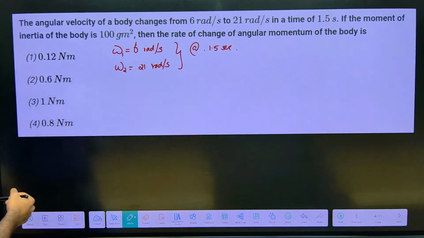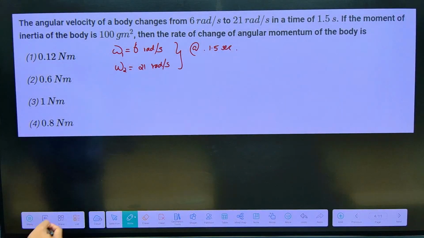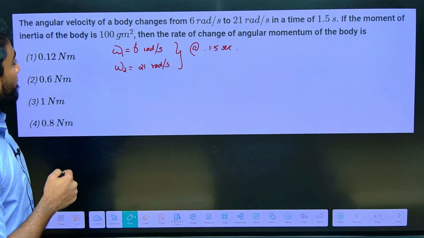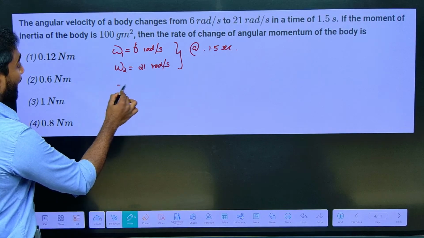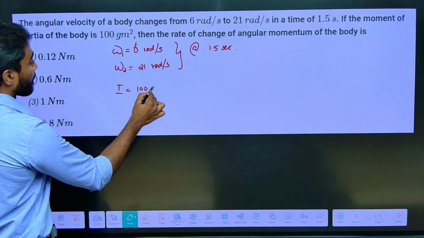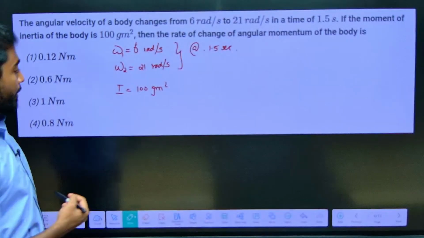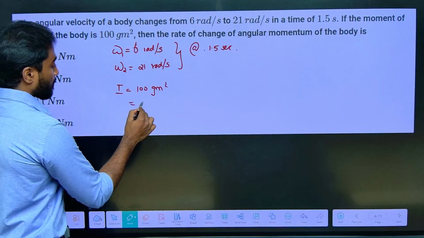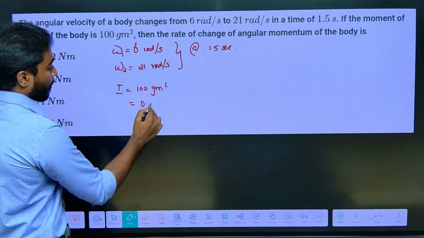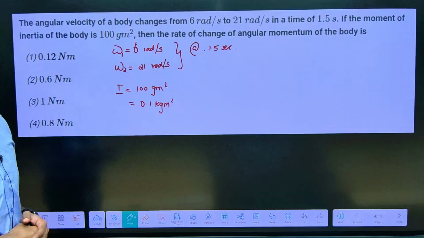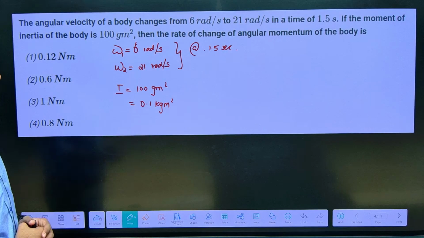If the moment of inertia of a body is 100 gram meter square, I will be equal to 100 gram meter square. I need to convert it into a proper unit, so it is 0.1 kg meter square, 100 by 1000. So it's 0.1 kg meter square.